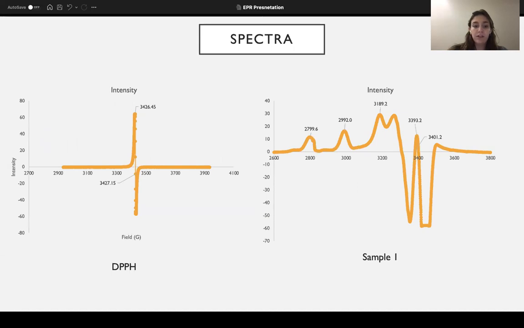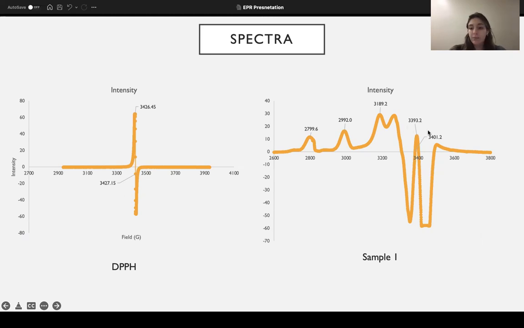So my results are the spectra. On the left is DPPH with the peaks marked and the field where the transition occurs, where it crosses the x-axis. Sample 1 actually had a little bit of a funky spectrum.